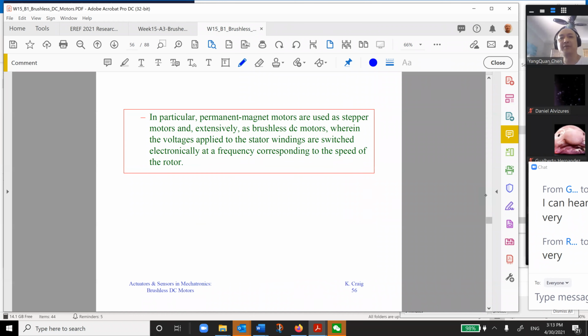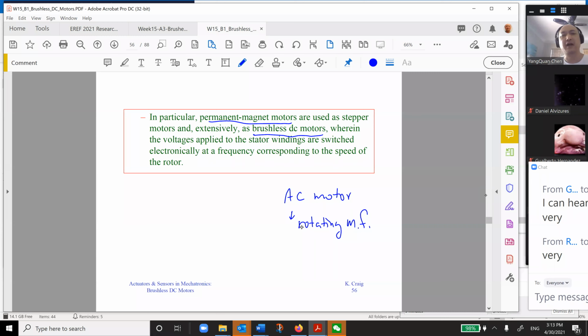And also permanent magnet motors are used as stepper motors, and also in brushless DC motors. So we have a general picture of AC motors. AC motors basically have different ways to produce a rotating magnetic field.